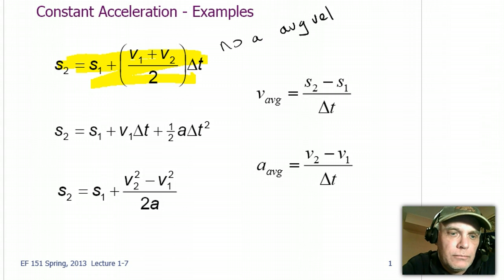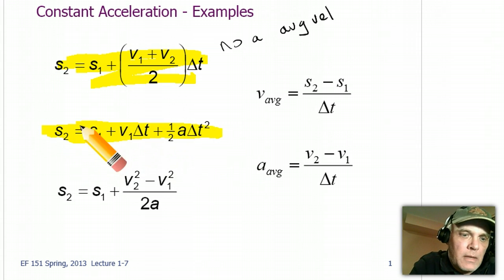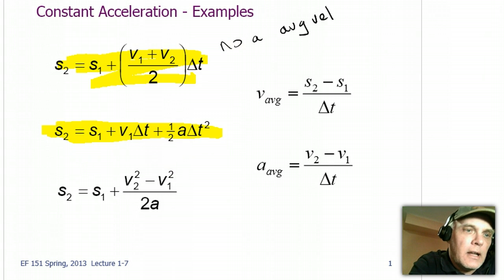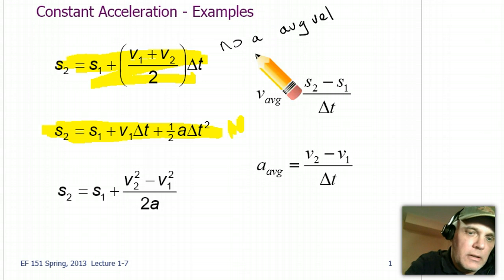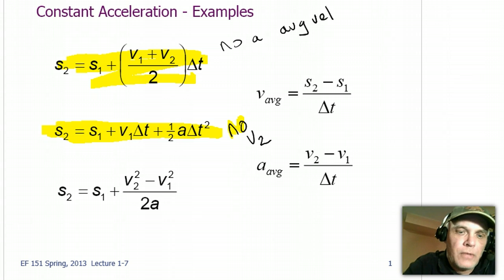Not sure where my drawing went. That's okay. We have a second equation, very common form. This one does not have the v2 term. No v2, so we don't need to know a final velocity.